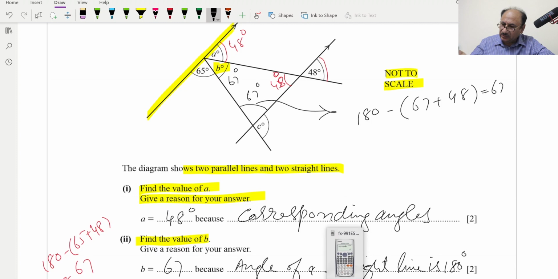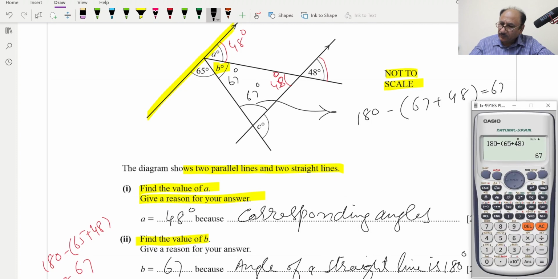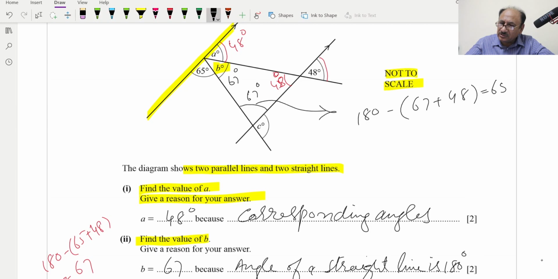Let me check this calculation again. This is 65, not 67, so this will be 65.